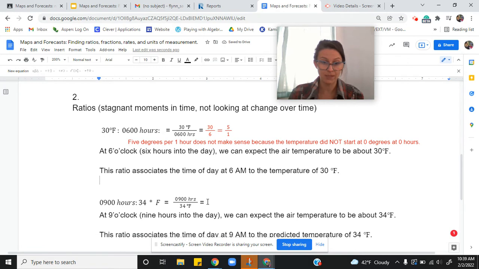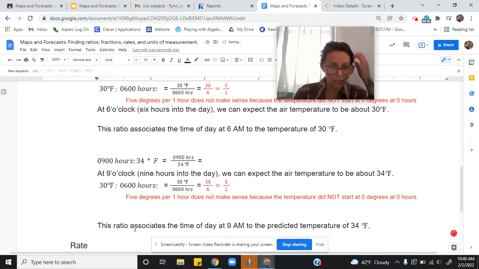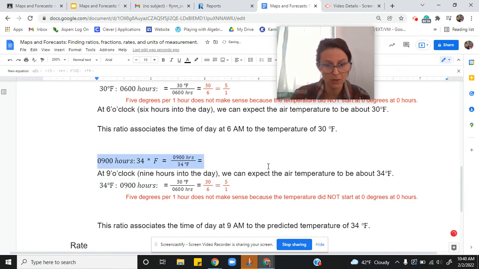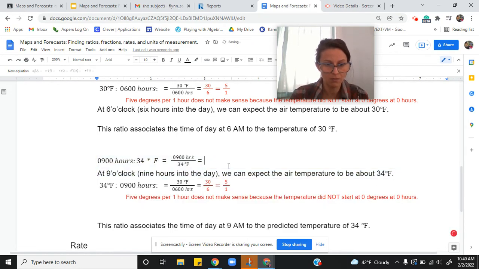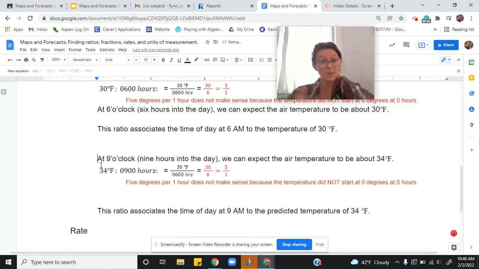The same thing happens here if we switch everything around, which it should. And the nice thing is I can just grab it all and paste it. So we're switching 30 degrees to the 9 o'clock hour at 34 degrees, and rearranging everything so that it's in the right order according to the question, which is comparing temperature to hours, not hours to temperature.